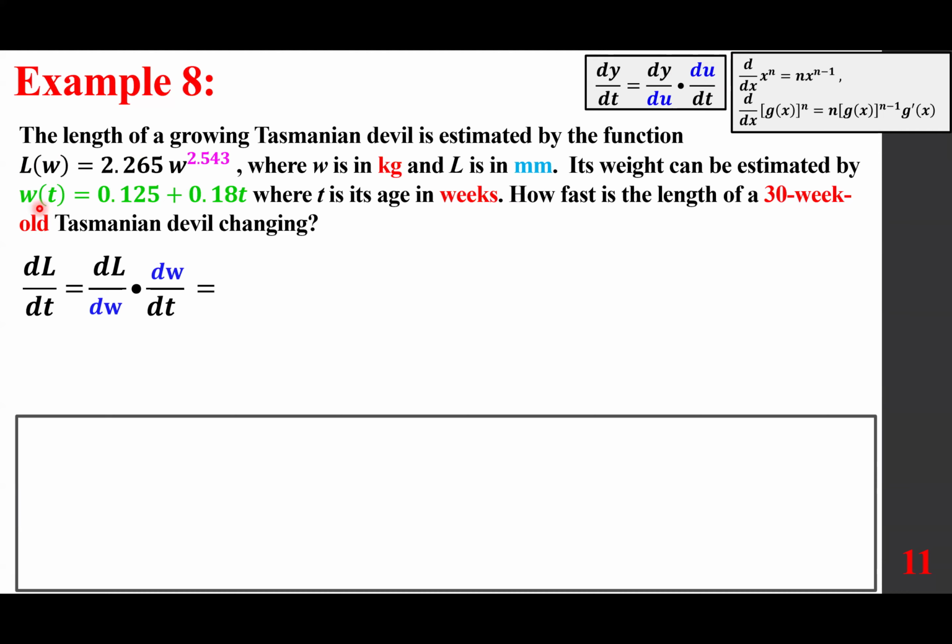So we are going to differentiate each piece. This one with respect to W becomes 2.265 times 2.543, W to the power of the same minus 1. That means 2.543 minus 1, or 1.543. And dW/dt is simply 0.18.